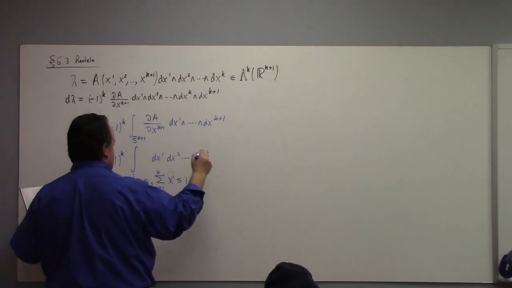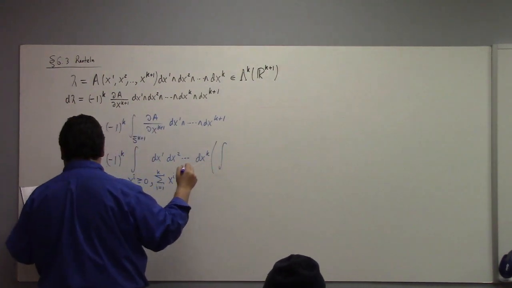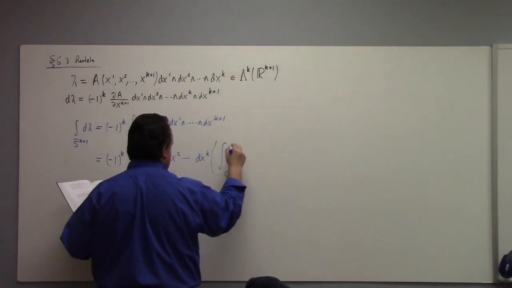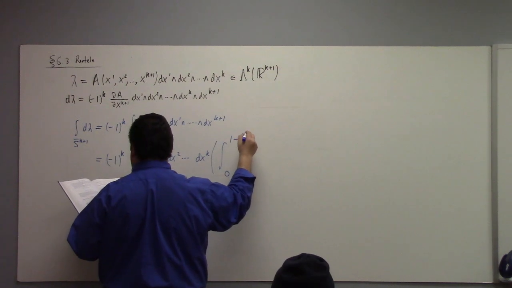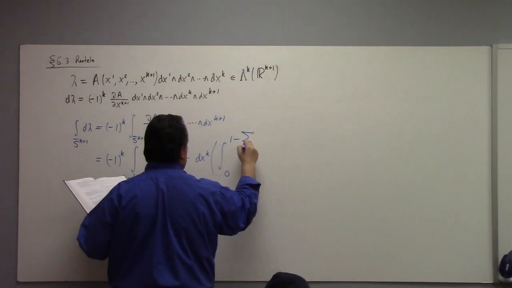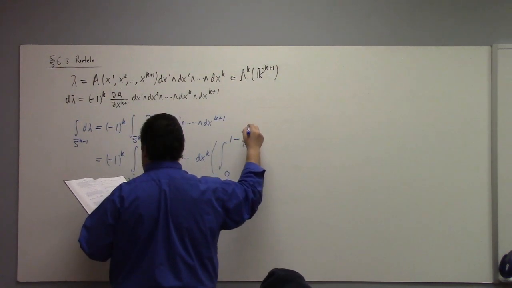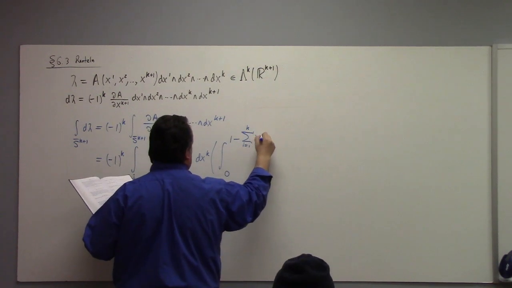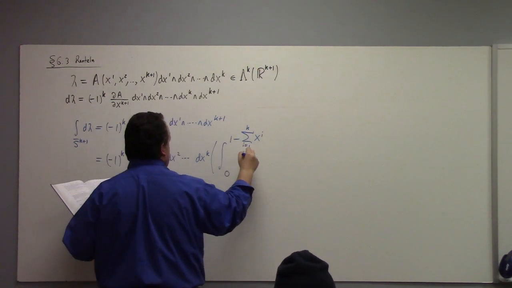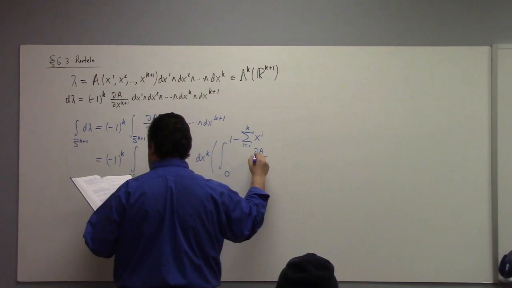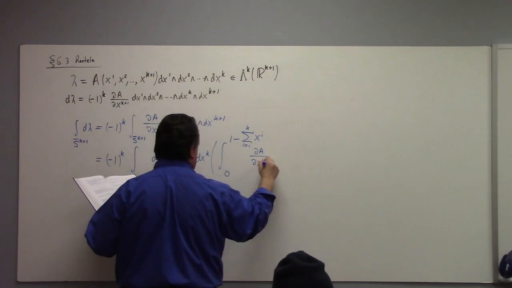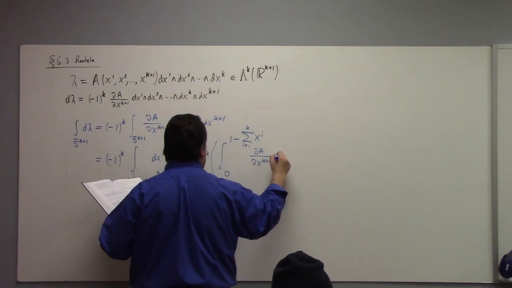And then the inside integral is 0 to 1 minus the sum i equals 1 to k of x sub i, partial a, partial x k plus 1, dx k plus 1.